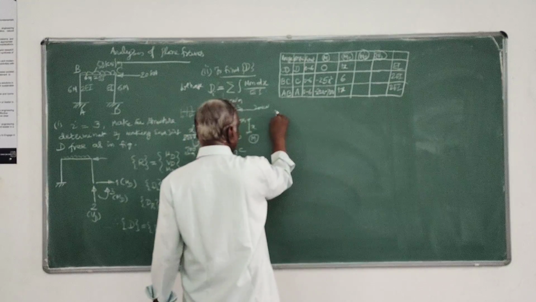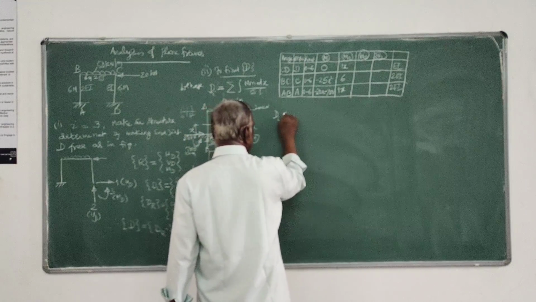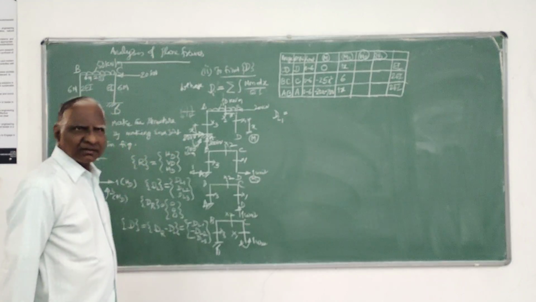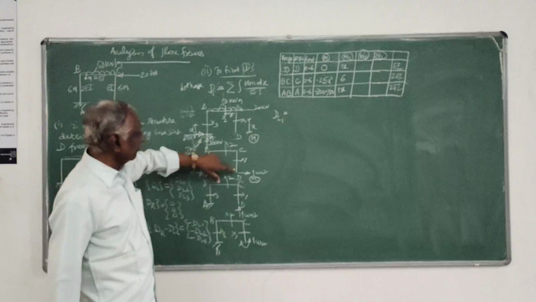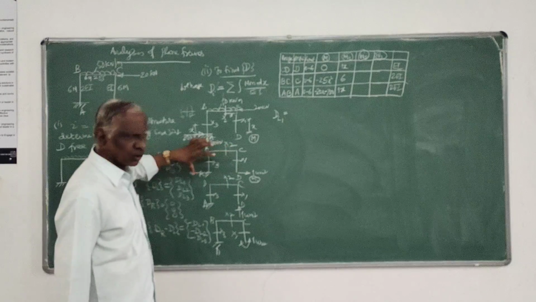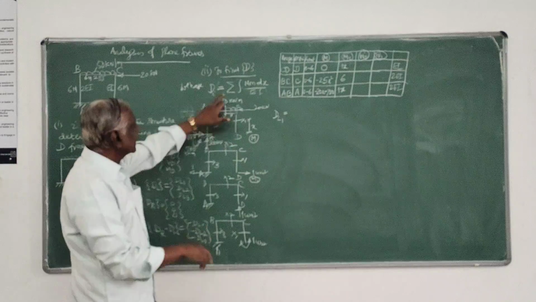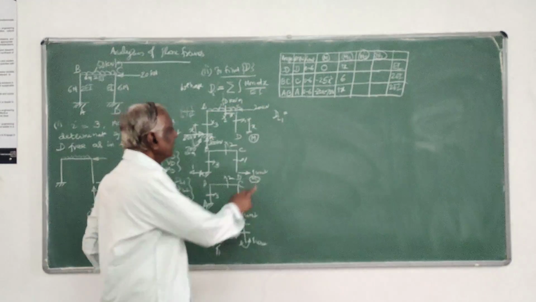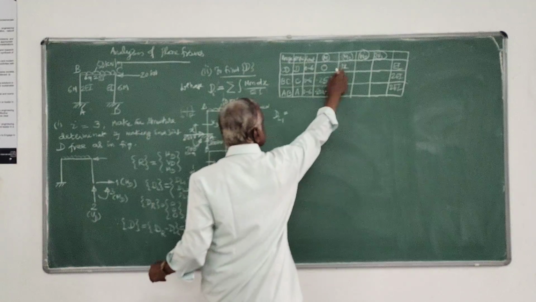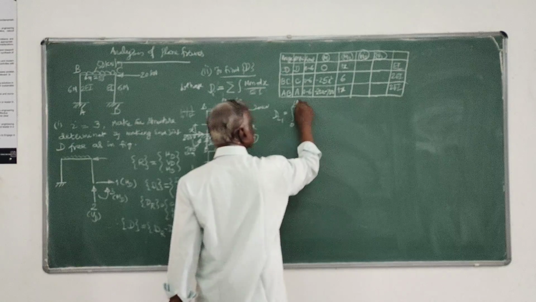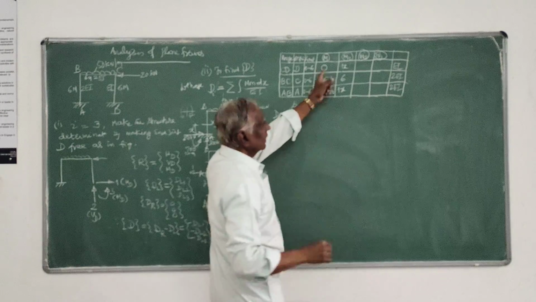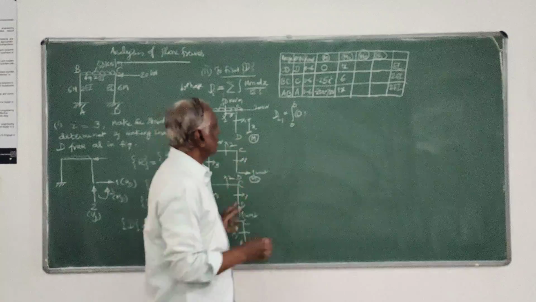So straight away now I will work out delta 1. Delta 1 is a sum for all these portions, integration over those limits. For the first one, 0 to 6, it is 0, because 0 into m1 is 0.